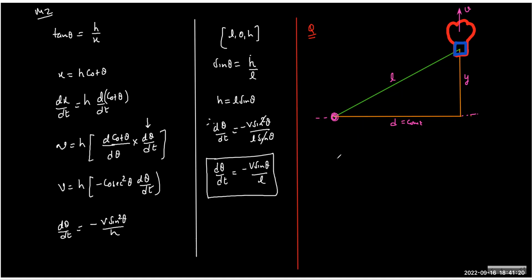So can you tell me what is dy by dt? Oh, that's given. Can you tell me dl by dt? Oh, you need to find it. Can you tell me d theta by dt? These three things, can you tell me? And you're free to choose the way you want. So go ahead and tell me now.